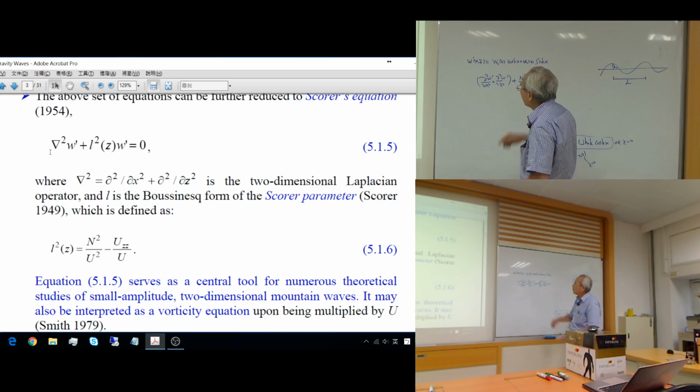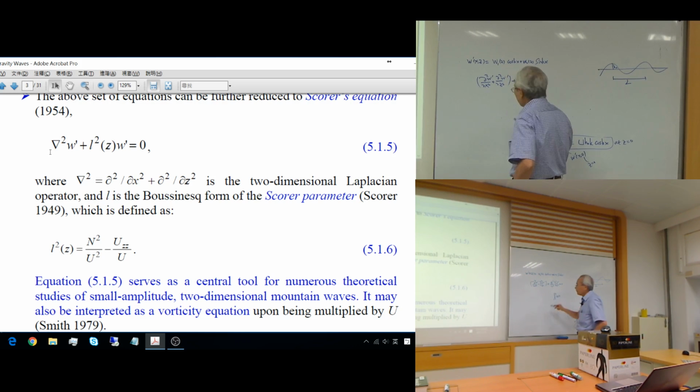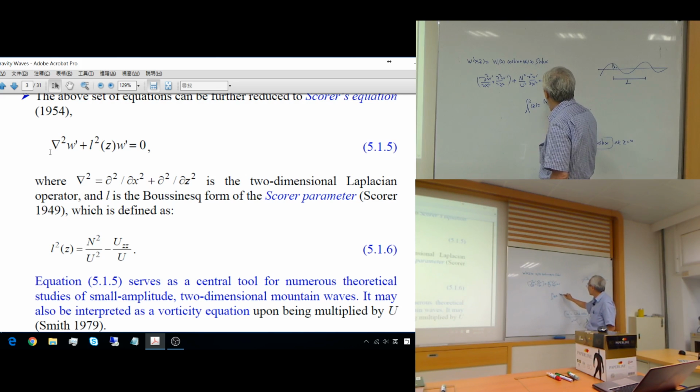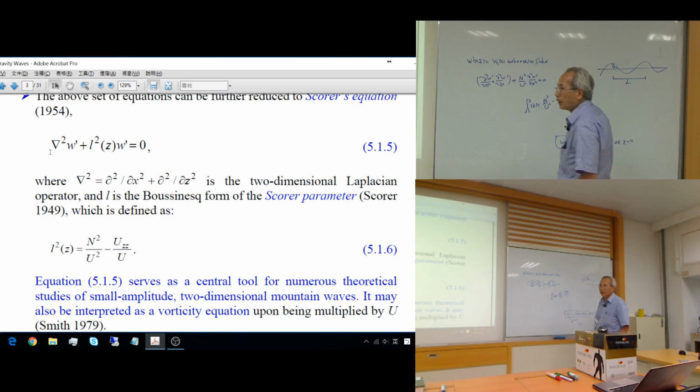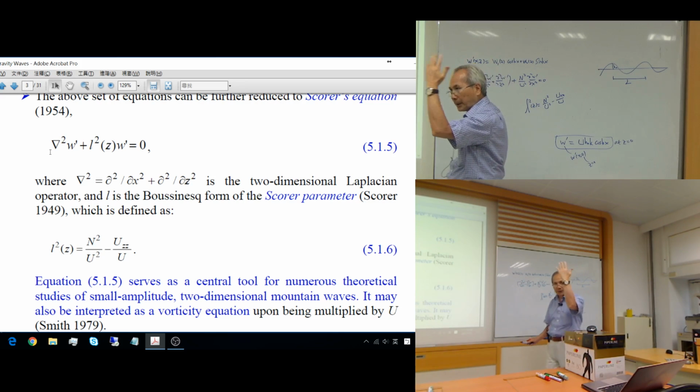And then we have l square, that's the scalar parameter. That equals N square over U square minus U_zz divided by U. So here we assume no wind shear. The basic wind has no shear.